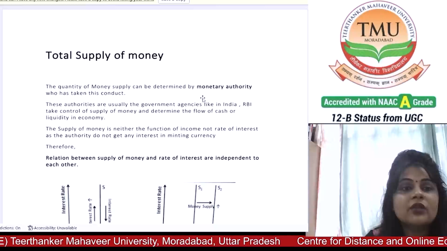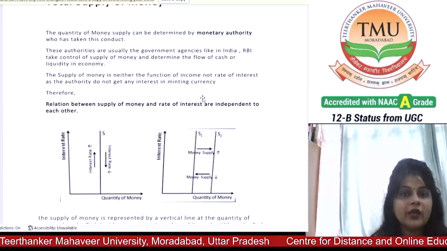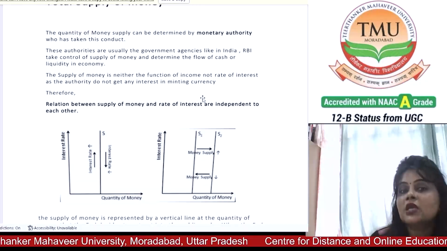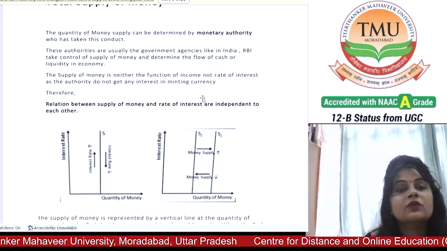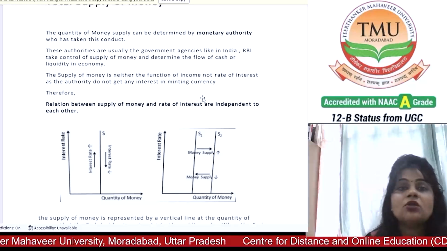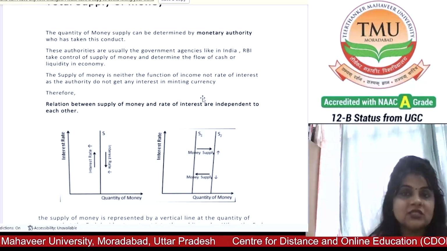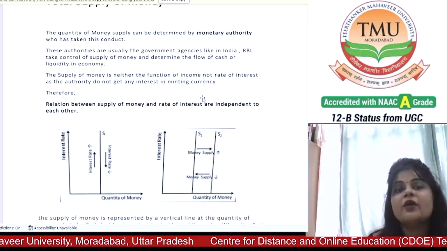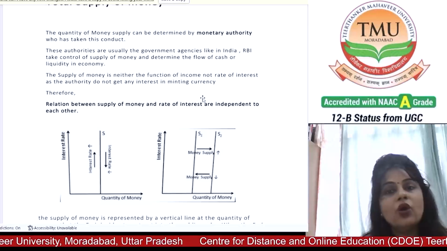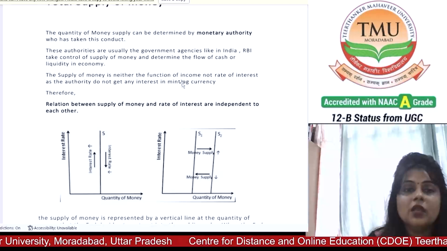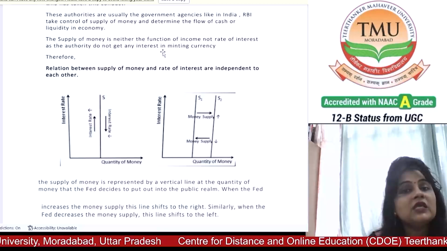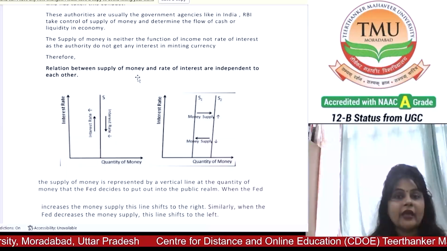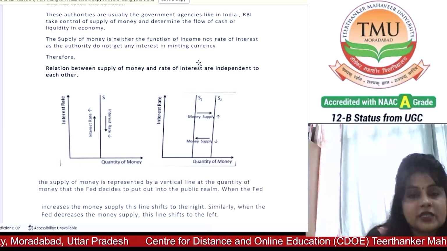Now we discuss the total supply of money. The quantity of money supply is determined by the monetary authority. These authorities are usually government agencies; in India, the RBI controls the supply of money and determines the flow of cash or liquidity in the economy. The supply of money is neither a function of income nor of the rate of interest, as the authority does not get any interest in minting currency.